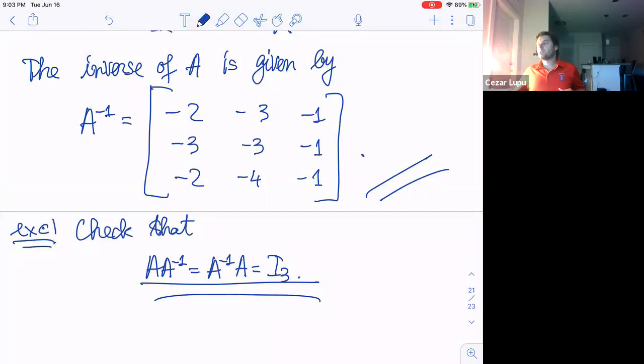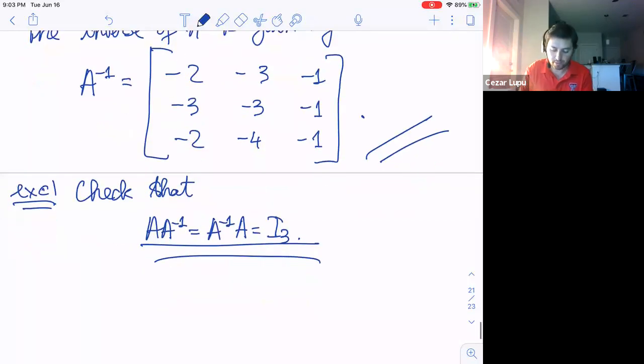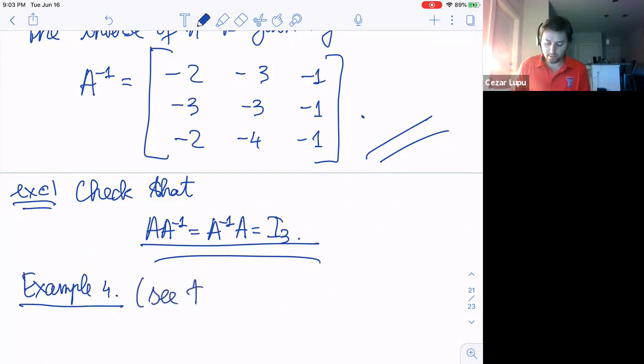Also, I would like you to look at the notes. In example 4, see the lecture notes, I think it's page 31, 32.